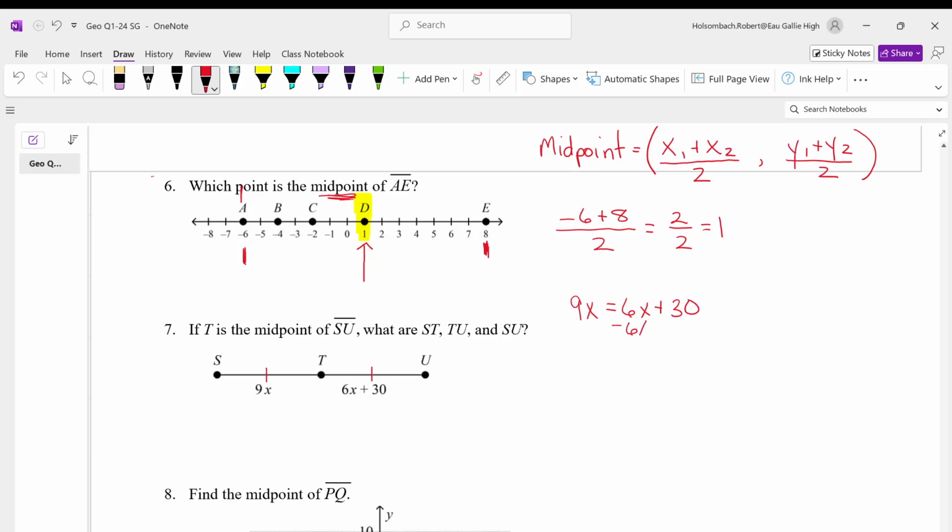Subtract 6x from each side. So 3x is equal to 30. Divide by 3. So we get an x that's equal to 10.